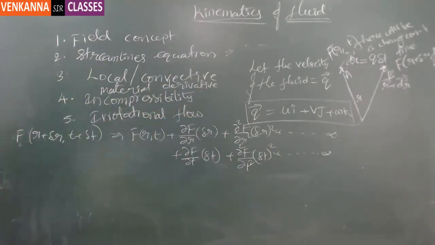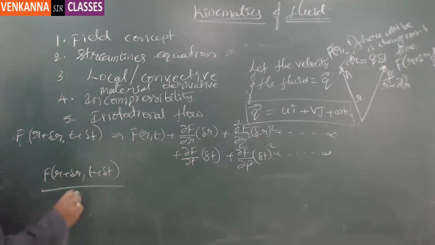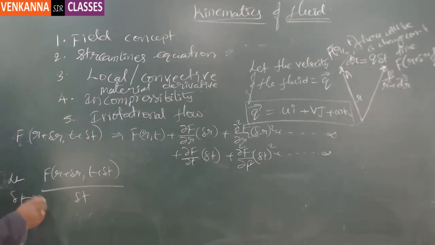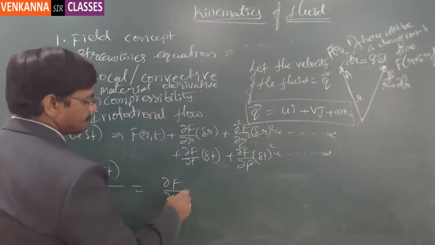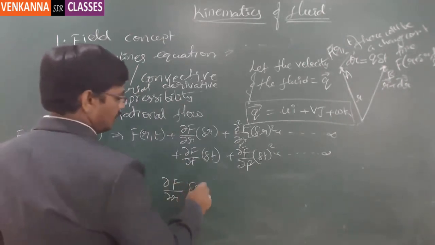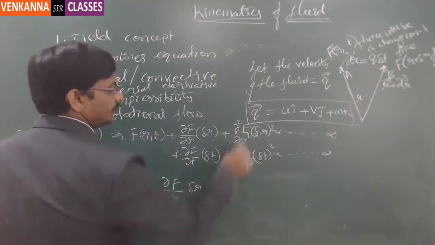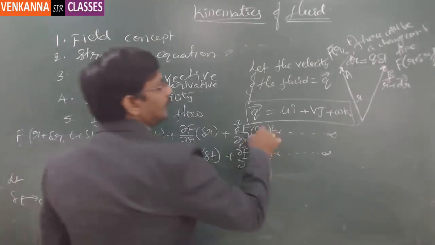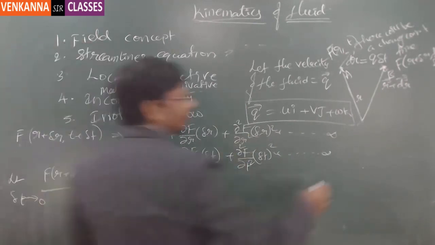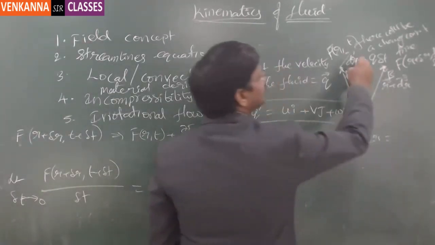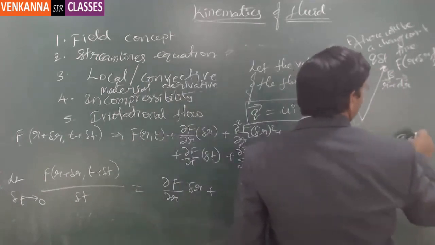Now take f of r plus delta r, t plus delta t, divide by delta t, and take the limit delta t tending to 0. Then this will be dou f by dou r into delta r, and then assume that from delta r whole square onwards it is going to be 0, as delta r is equal to q into delta t.